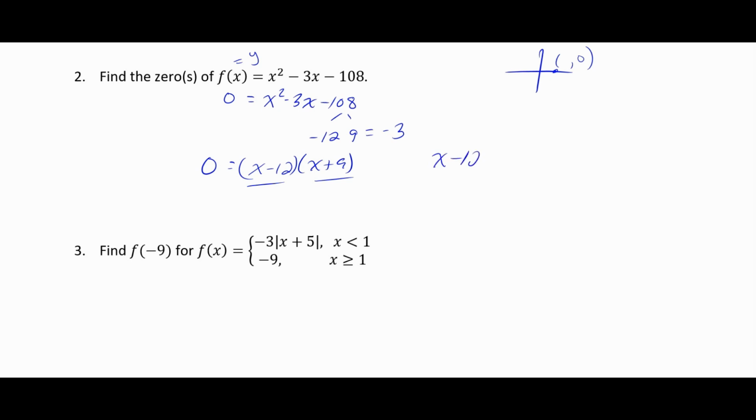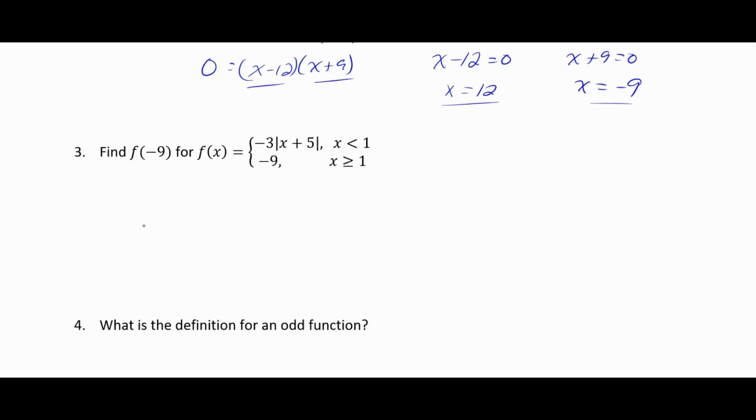So x minus 12 equals 0 and x plus 9 equals 0. And these are going to give me the zeros of my function. So add 12 to both sides, we get x equal to positive 12. And subtract 9 from both sides, we get x equal to negative 9. Both of these are going to be the zeros of that equation for f of x.